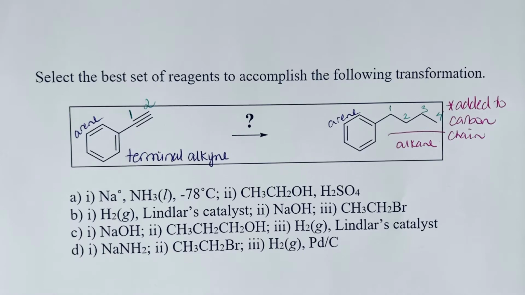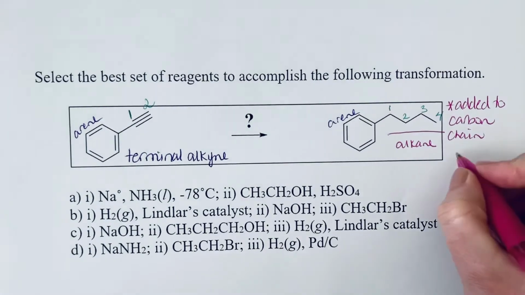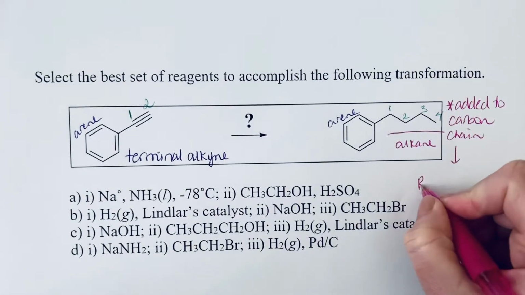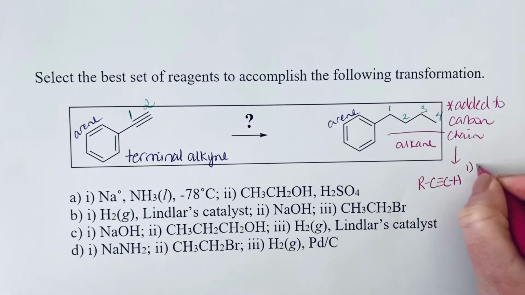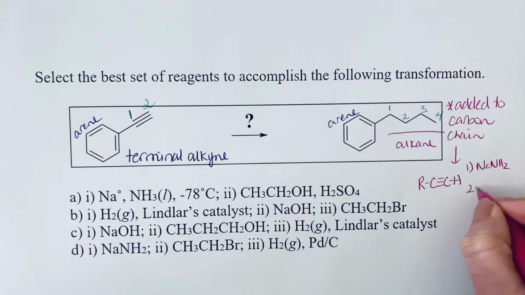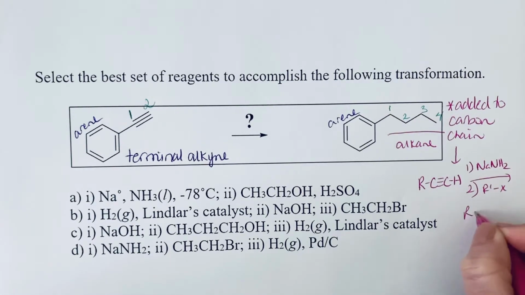And at this point in our studies, we only know one such reaction. We know that we can take a terminal alkyne, treat it with a strong base, and the typical strong base is sodium amide. And then if we attack an alkyl halide, we can add to the carbon chain.